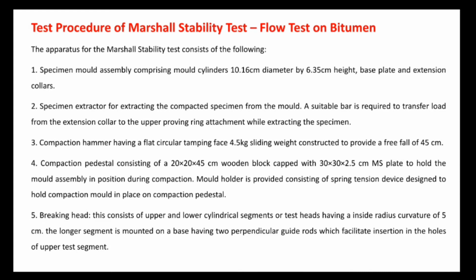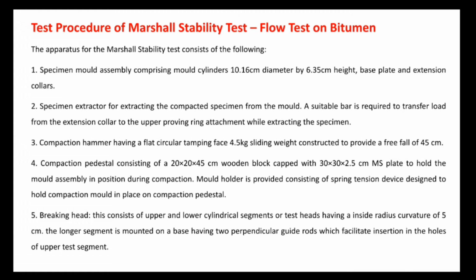Approximately 1200 grams of the mix aggregate and the filler are taken and they are heated to a temperature of 175 to 190 degrees Celsius. 3.5 to 4% by weight of the aggregate, the hot bitumen of the temperature 121 to 145 degrees Celsius is then added to this heated aggregate.